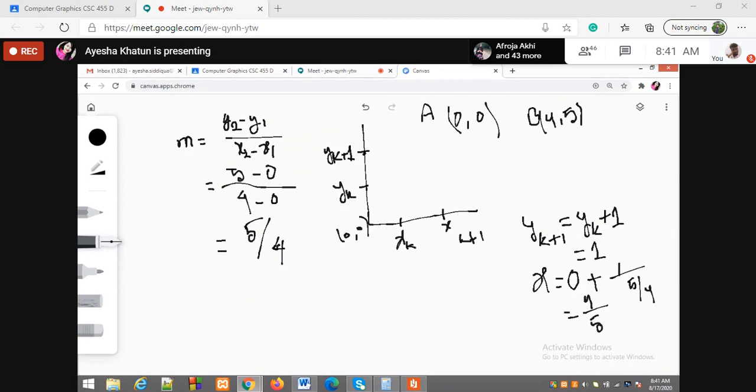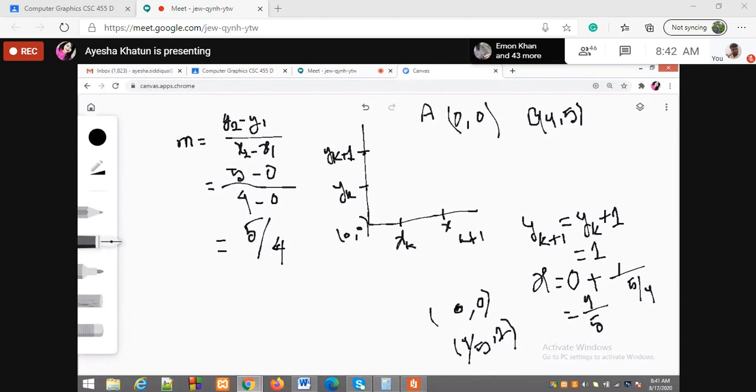That means the first position was 0, 0, and then the second position will be x equal to 4 by 5, and then y will be 1. Okay, that is the next position.